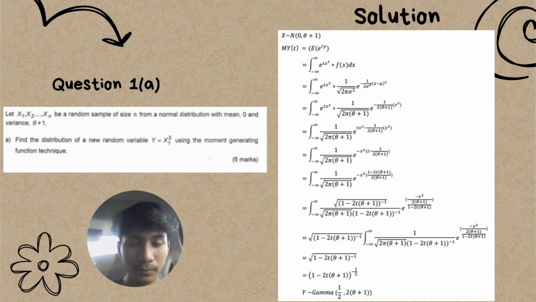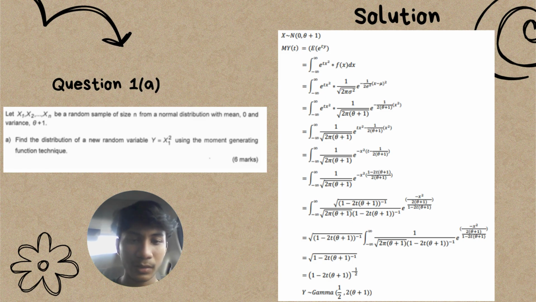And then we simplify. To make it a PDF of a normal distribution, we need to multiply it by square root of (1 minus 2t times theta plus 1) to the power of negative 1, for both denominator and numerator.